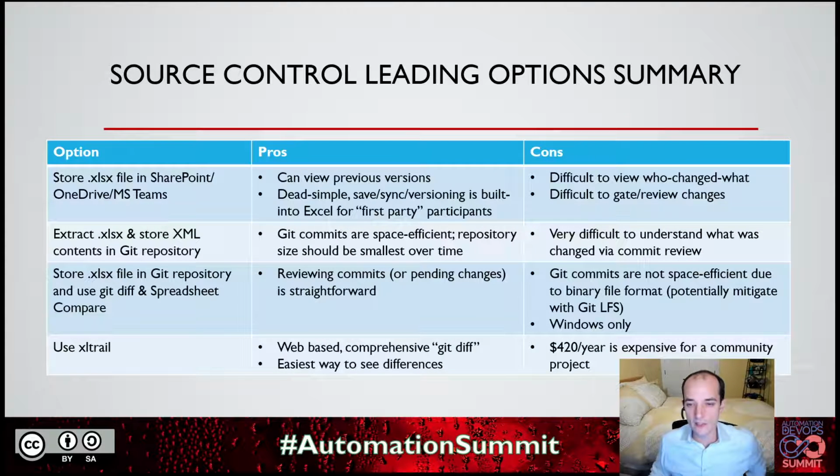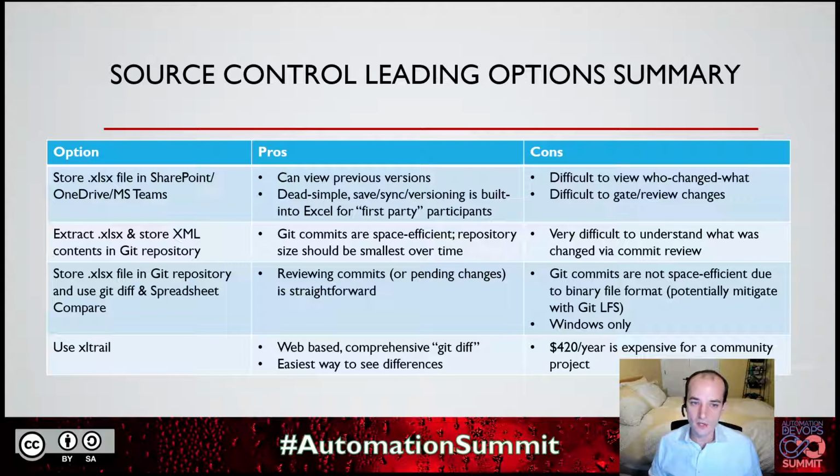So bringing these options together and summarizing them in a table, I always think that's useful. That's what you're seeing on the screen here. The first row is not something I've really explicitly talked about, but this is sort of the baseline or status quo. Normally, if you're working with Excel files and you're a Microsoft shop, you probably have those stored in SharePoint, OneDrive, or Teams. Not universally, but likely that's common these days.